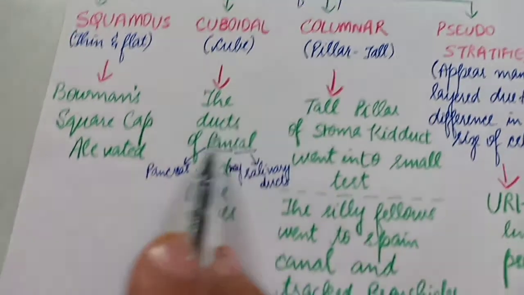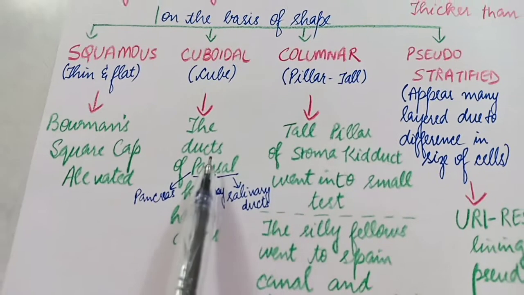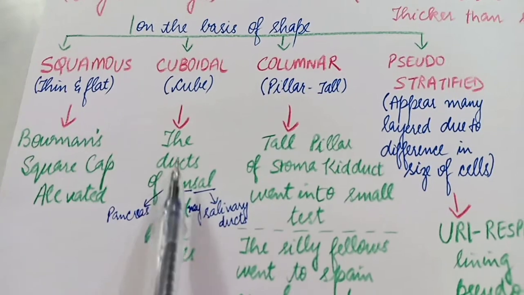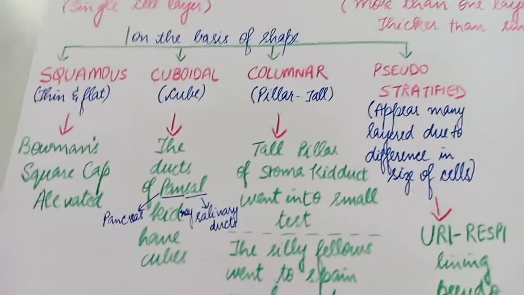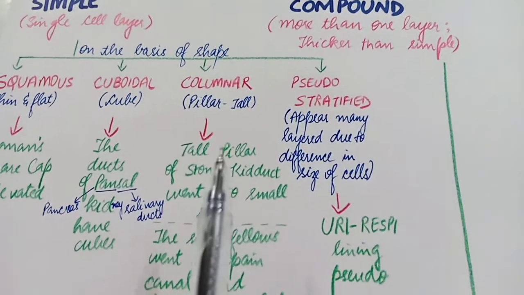Okay, so the ducts of Pansel kid have cubes. It includes pancreatic ducts, salivary ducts and kidney ducts. Clear? Next comes columnar epithelial tissue.